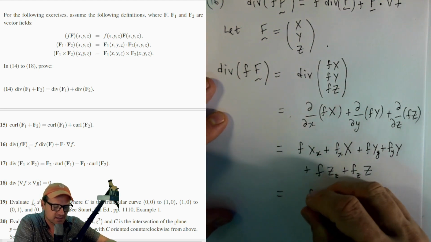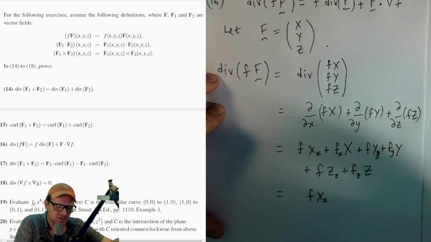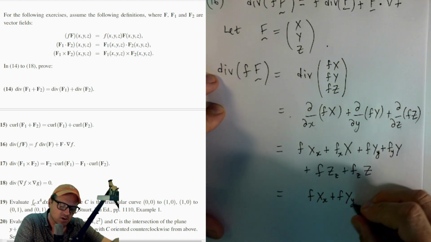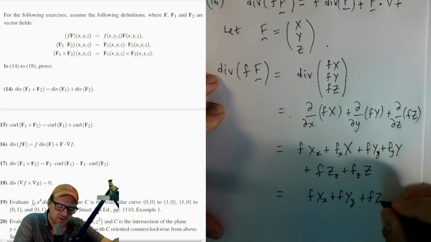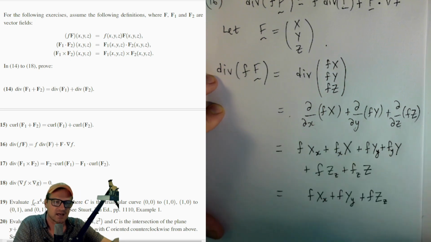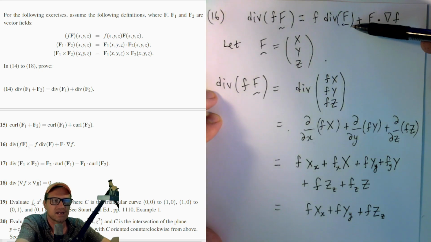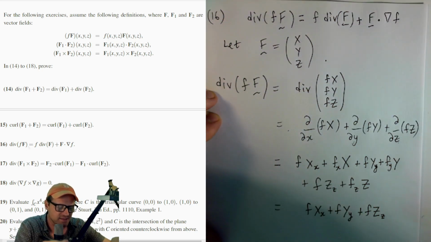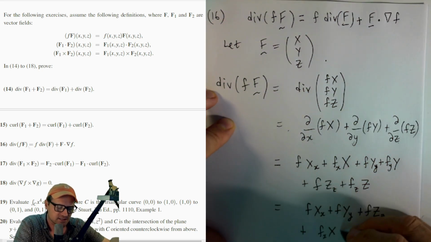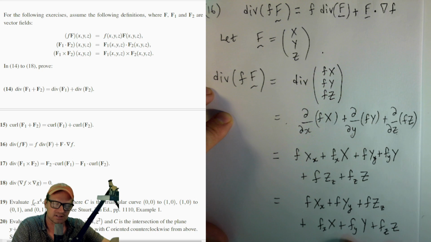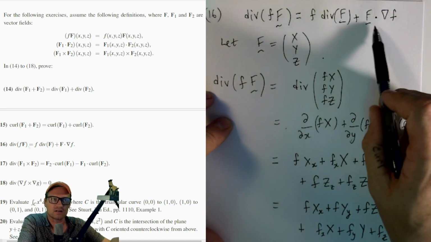So let's call this f, uppercase X subscript lowercase x, plus f, uppercase Y subscript lowercase y, plus f, uppercase Z subscript lowercase z. So this here is our lowercase f div uppercase F, and then what remains there is f_x X plus f_y Y plus f_z Z, and this here is a dot product or a scalar product of these two.